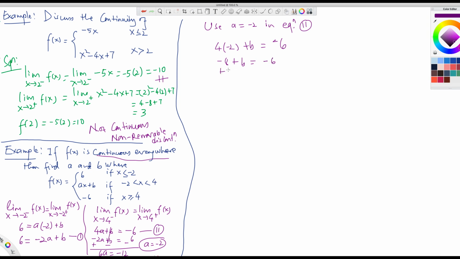Now add 8 on both sides. You will get b equals +2. So a is -2 and b is +2. Those are the values of a and b. So that if you plug in -2 and +2, then the left limit and the right limit at -2 and the left limit and right limit at +4 are equal.